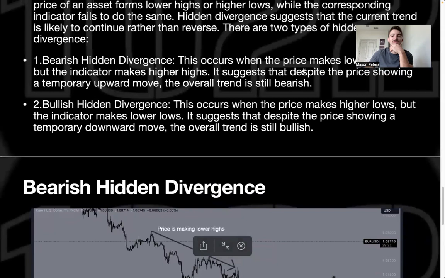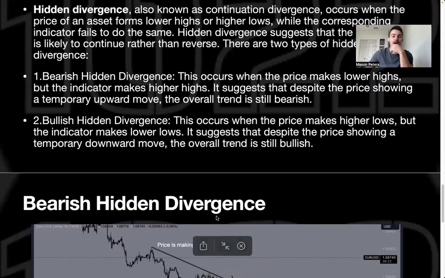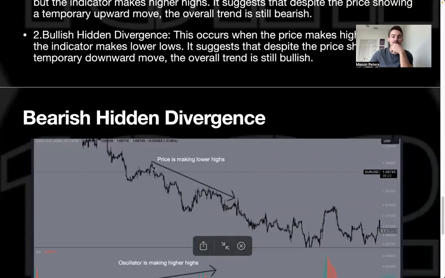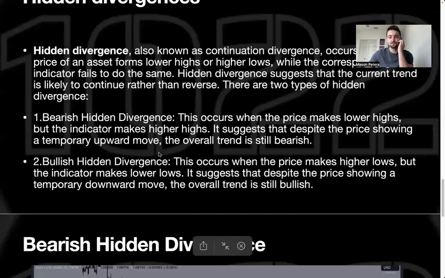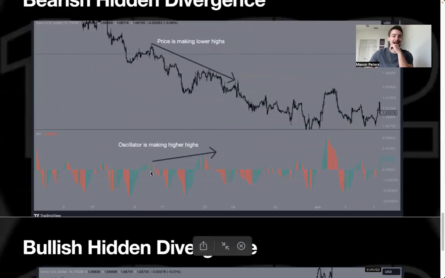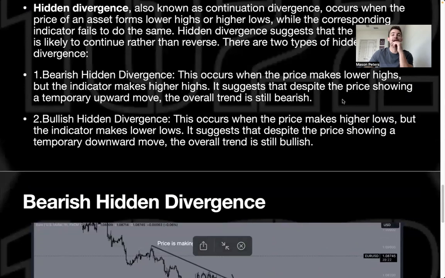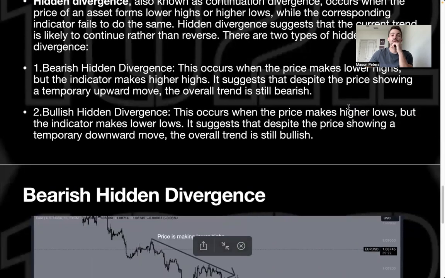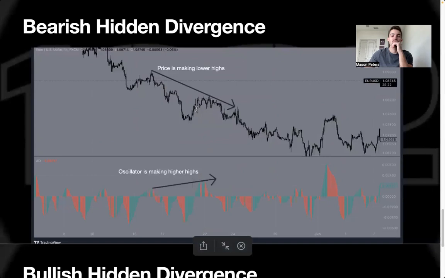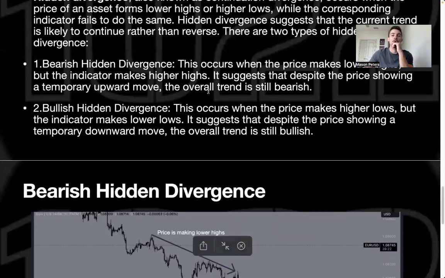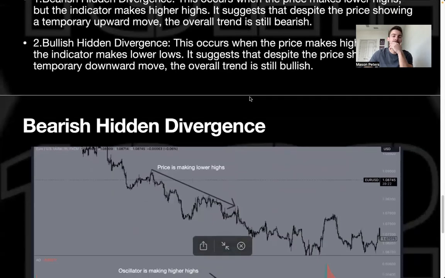This one here is lower than this one, but the indicator makes higher highs. This is higher than this. It suggests that despite the price showing a temporary upward move, which is here, the overall trend is still bearish.